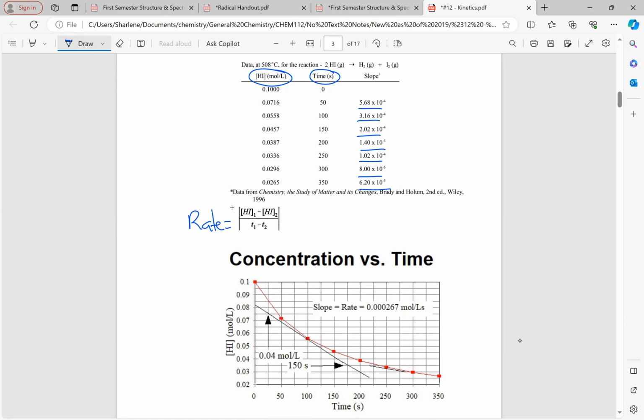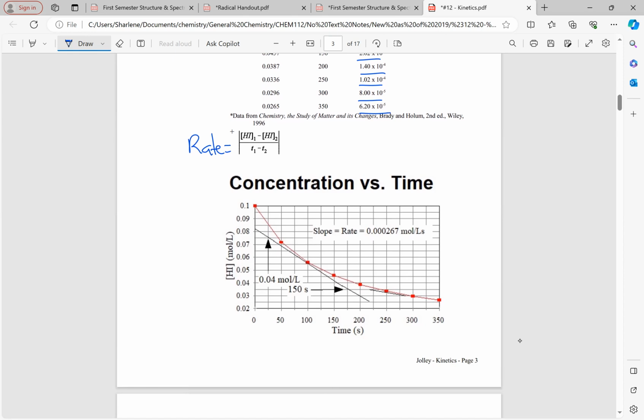Now, if I graph that data, there's a problem because that's not a linear line. What happens in a reaction is you start with all of your reactants, and it goes really fast at first, but then it tends to slow down. Most reactions tend to go faster and then slow down, which means you're going to get a curved line.